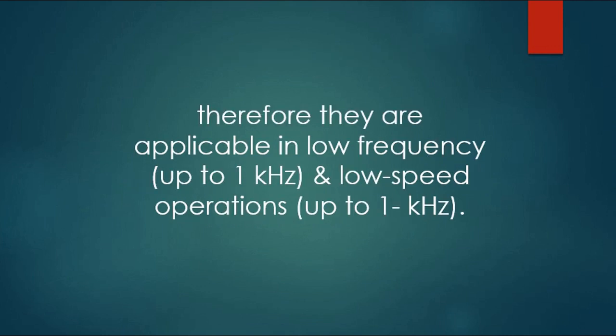Therefore, they are applicable in low frequency and low speed operation, up to 1000 kilohertz. So the range of this general purpose diode is from 1000 kilohertz down to as low as 1 kilohertz.